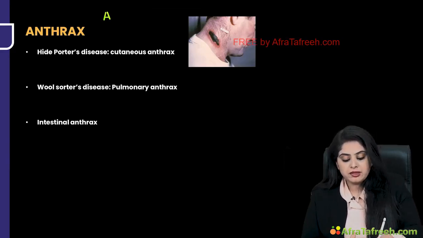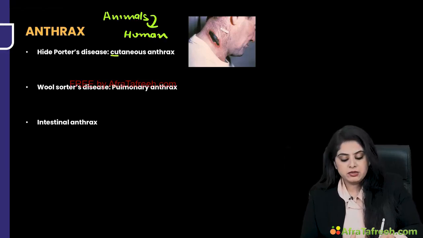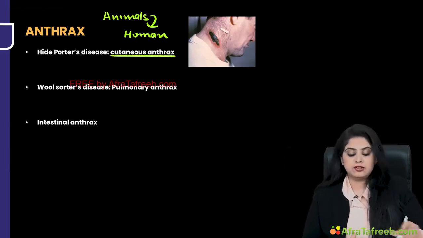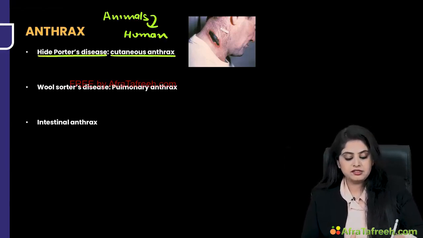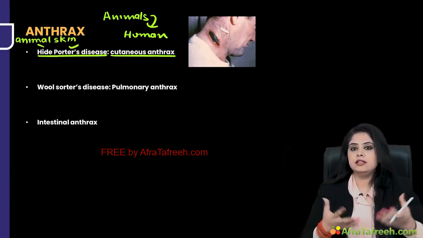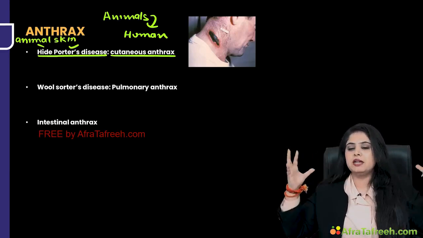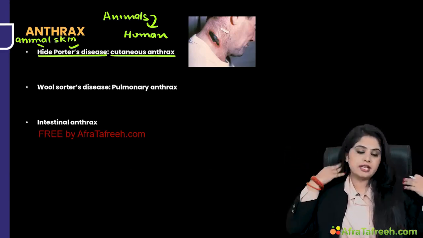So this is going to be something coming from the animals to the humans. What are the different methods by which it can come? Number one is skin to skin contact. What is it known as? Hyde-Porter's disease. Hyde means animal skin. And porter, we all know, someone like a coolie who picks up all the animal skin on his shoulder, so big bundles of animal skin are picked up on his shoulder and his neck.